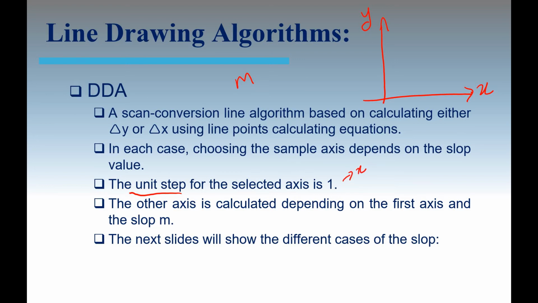That means for every repetitive step of the algorithm, we will take 1, 2, 3, 4, 5, 6, 7, 8, and so on along the x-axis. And then we will calculate the values on the y-axis corresponding to these unit steps on the x-axis. Okay, we will try to understand this using an example.